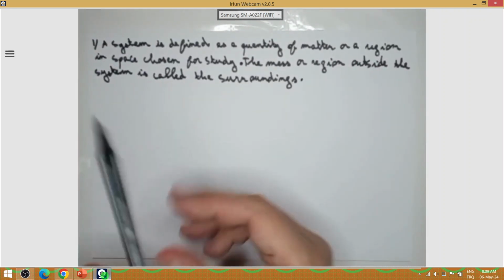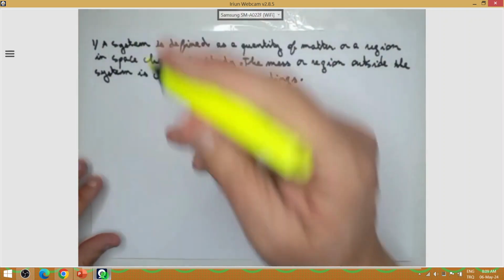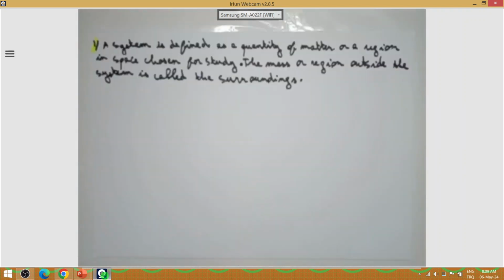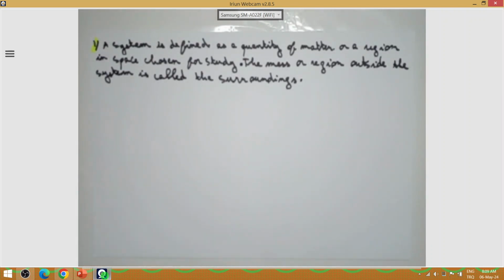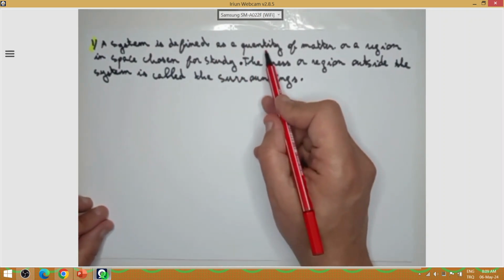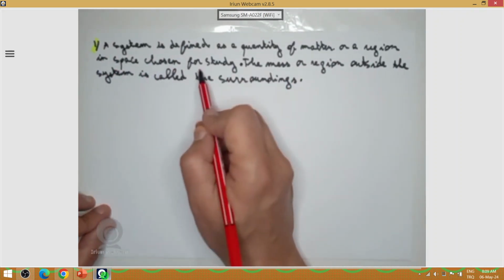So let me first highlight these notes. We have note 1. So in note 1, what do we say? We say that a system is defined as a quantity of matter or a region in space chosen for study.